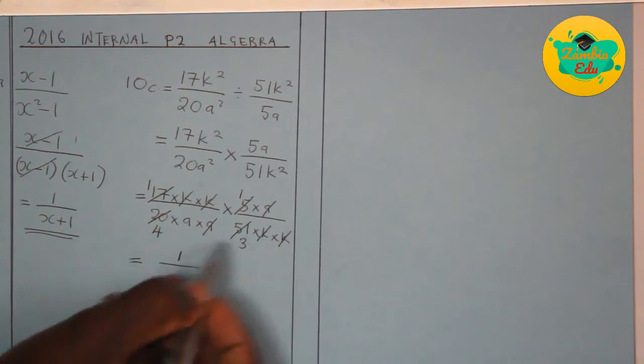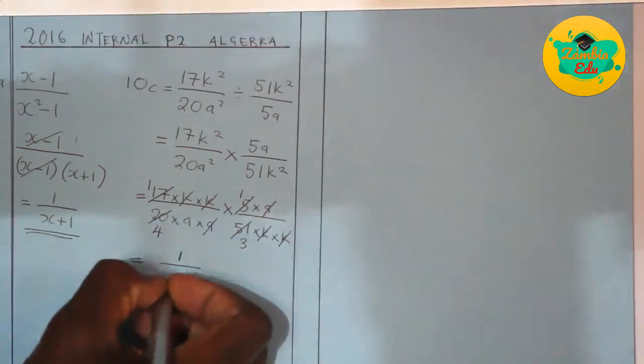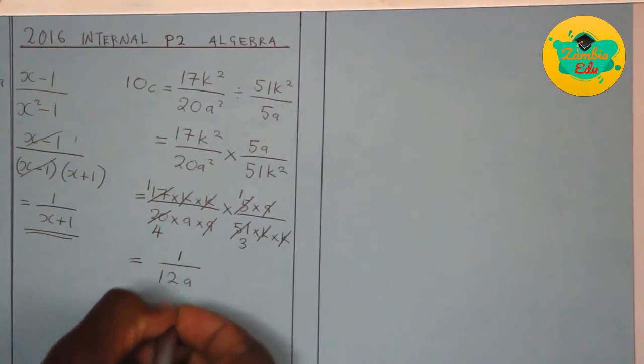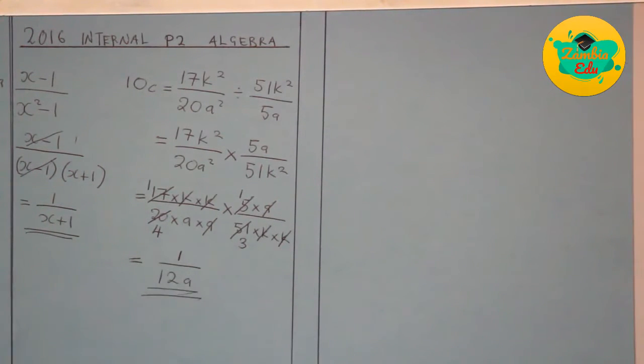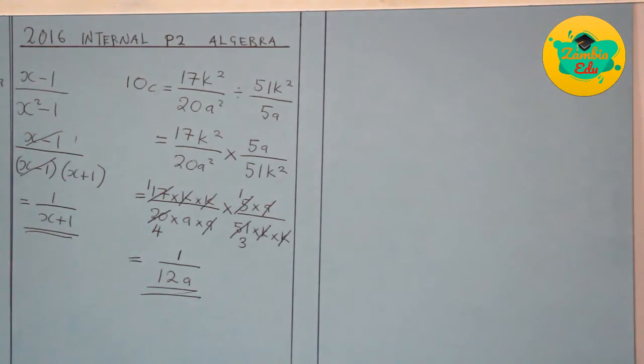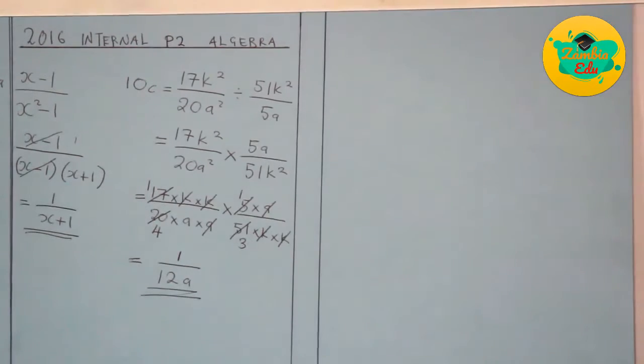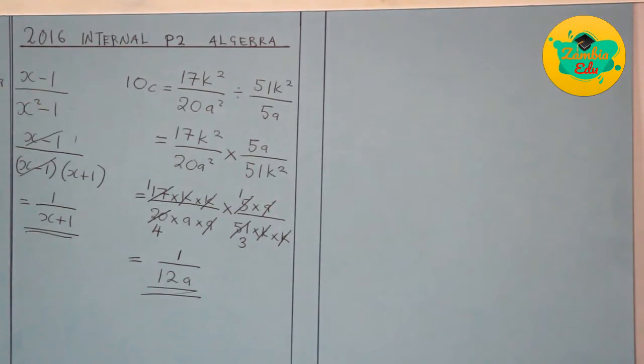So 4 times 3 is 12, plus the a, we have 12a as our answer right there. If you do that, you would have answered correctly what was expected of you in the 2016 paper for algebra question 10c. So we now move on to the next question.